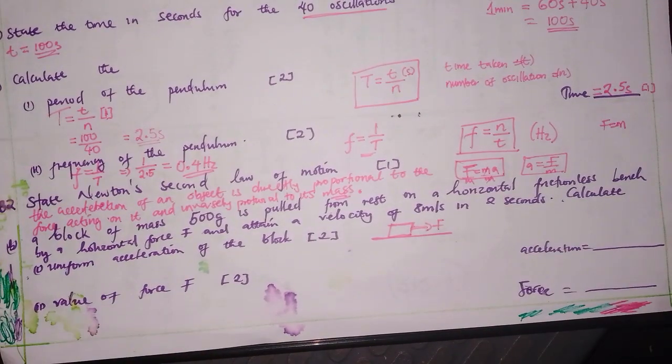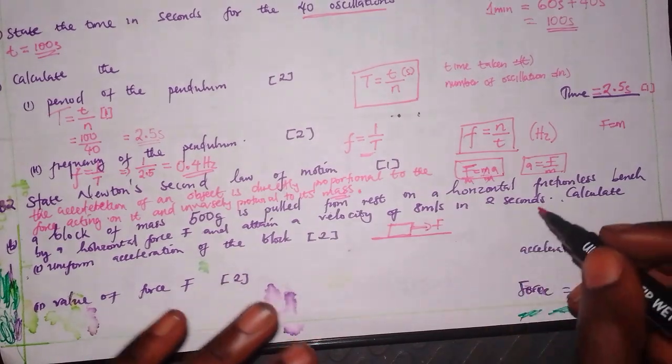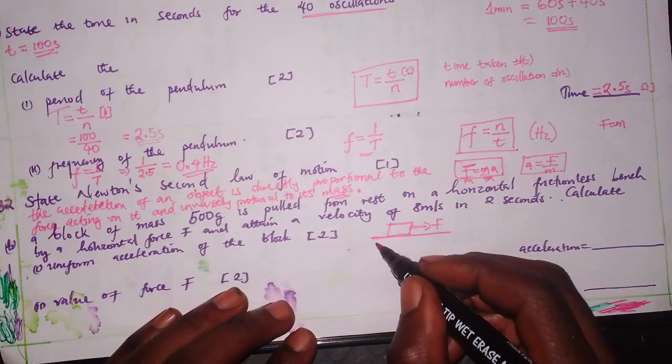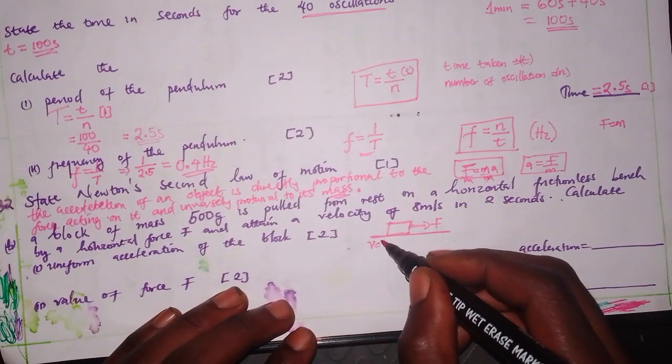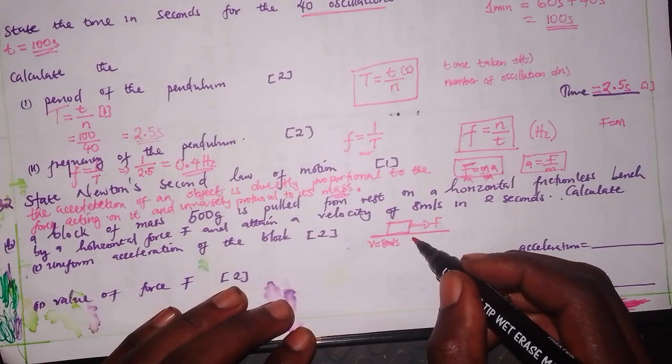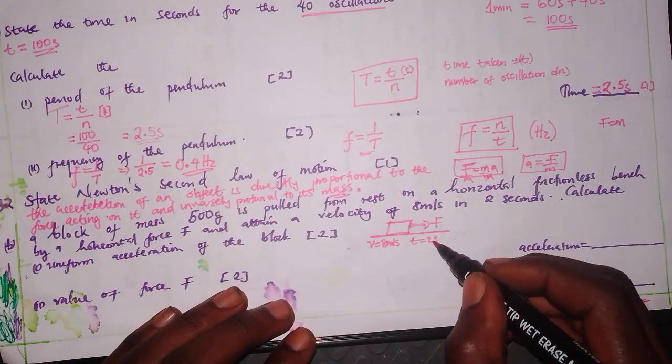Then they are saying the velocity is 8 meters per second in 2 seconds. So we have our velocity, which is 8 meters per second in 2 seconds.